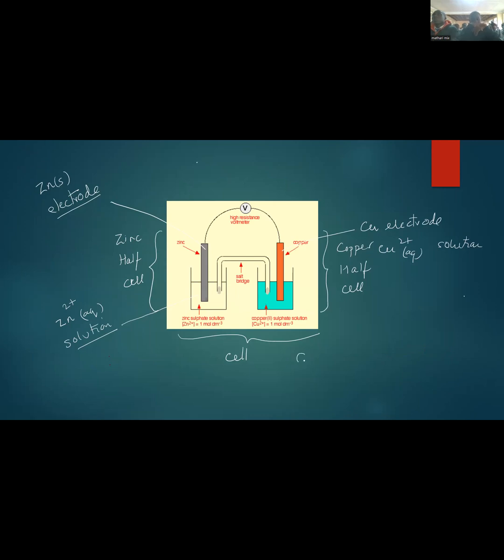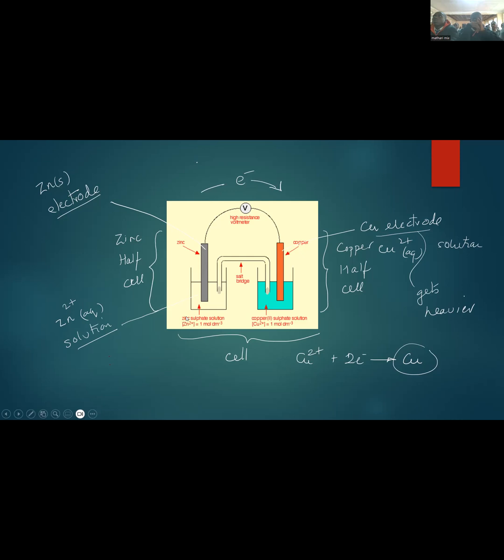So if Cu2+ in the solution picks up electrons and turns into copper, then it goes onto the copper electrode, which gets heavier. And again, the electrons are going to go this way round from the zinc to the copper.